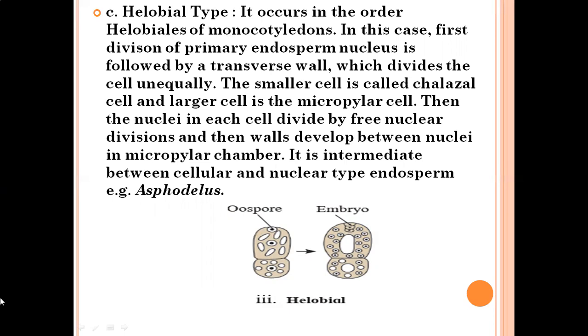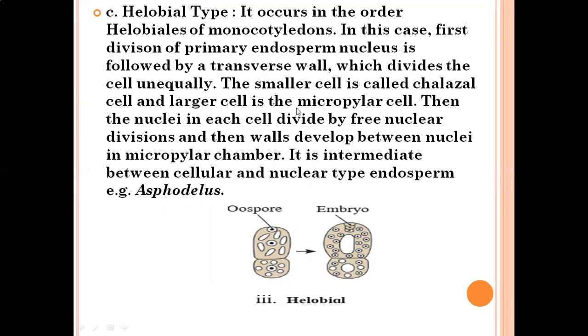In this case, the first division of the primary endosperm nucleus is followed by a transverse wall, which divides the cell unequally.